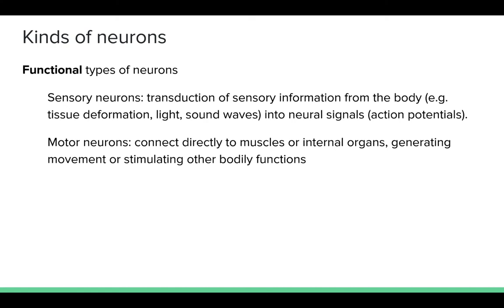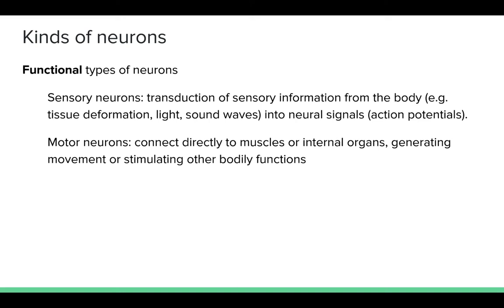And so what that means is there have to be neurons that are detecting those sensations in that part of our body, and are sending that information back into the spinal cord, and then transmitting that up into the brain. So there are neurons whose job it is to detect sensory features of the world.